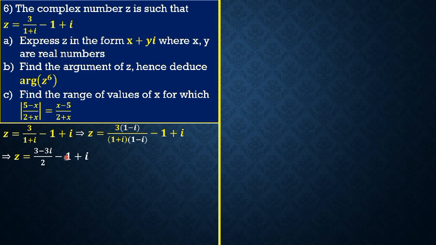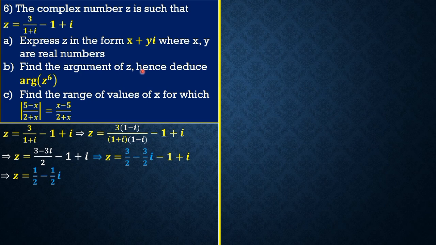If we reduce this, we are going to have 3 over 2 minus 3 over 2i minus 1 plus i. Simplifying by adding the real terms to real terms and the i terms to i terms, we are going to have 1 half minus 1 half i. So z is of this form, and our x in this case is equal to 1 half, y is minus 1 half. All right, that's it.